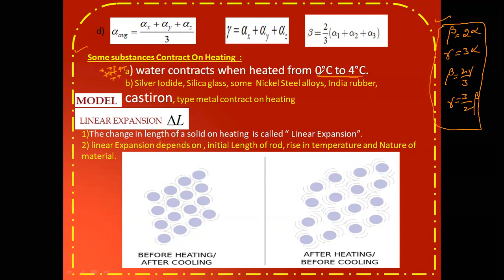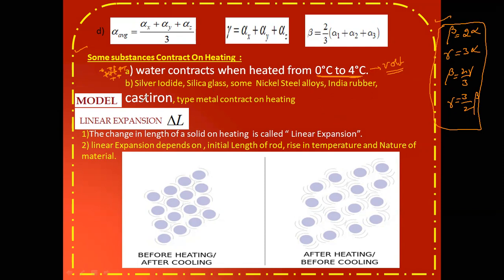Whenever you supply heat energy to water at 0 degrees Celsius up to 4 degrees Celsius, instead of increasing the volume, which most solids do when heat energy is supplied, there is a decrease in the volume.